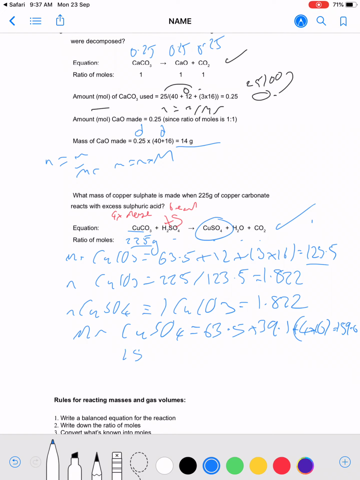So if I times 159.6 times 1.822, that equals 290, let's go 3 sig figs, 291 grams of copper sulfate when 225 g of copper carbonate reacts with excess sulfuric acid.